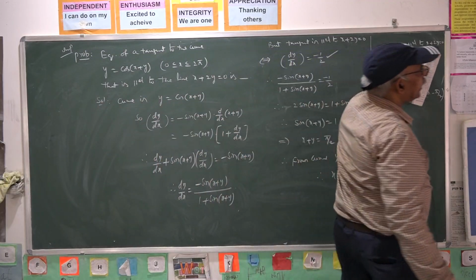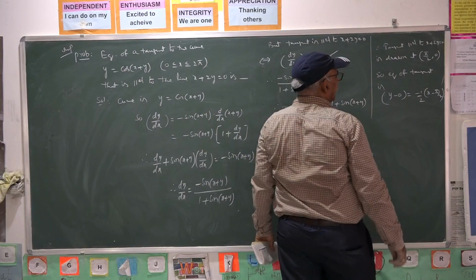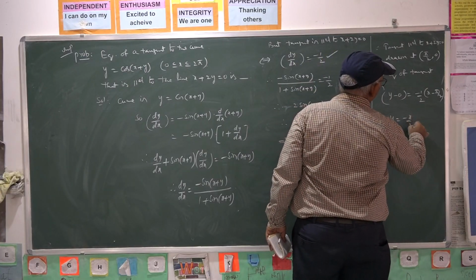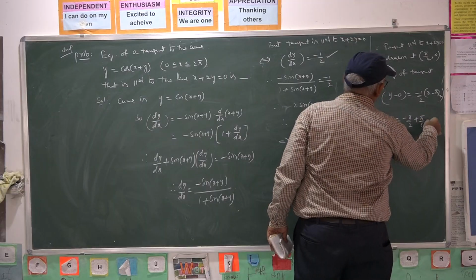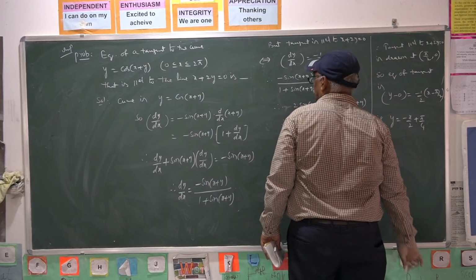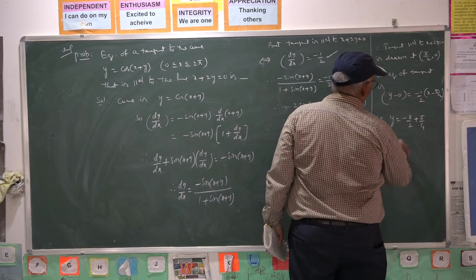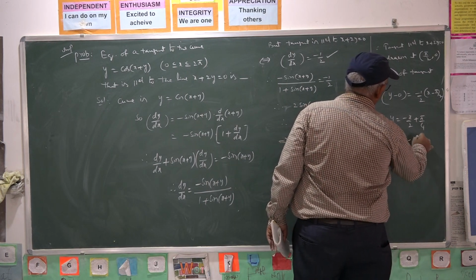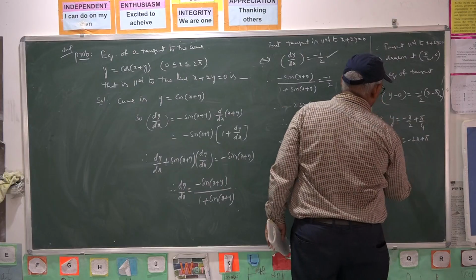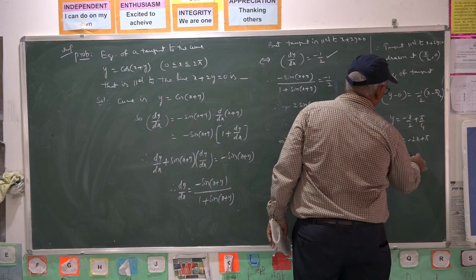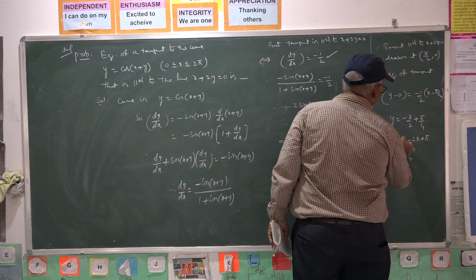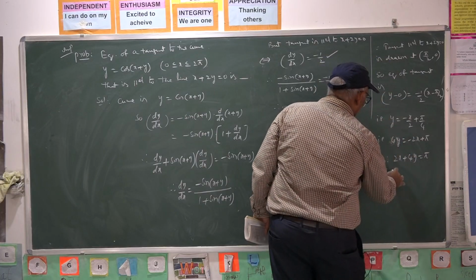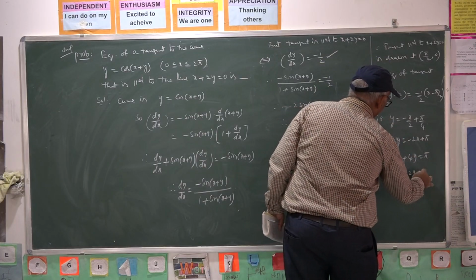So by the point and slope formula, the equation of the tangent may be developed: y equal to minus x by 2 plus pi by 4, or that may be written as 4y equal to minus 2x plus pi, or 2x plus 4y equal to pi. That is x plus 2y equal to pi by 2.